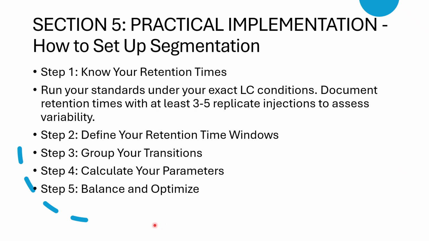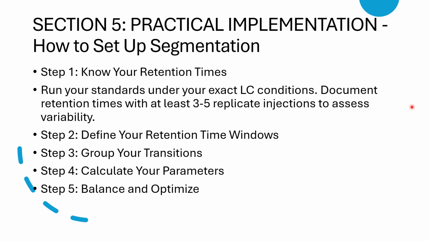And step 5 would be balancing and optimizing. If your cycle time is too long, then you need to reduce your dwell time, but watch for sensitivity loss. Create more segments to reduce concurrent transitions. Consider if you really need all those qualifier ions.